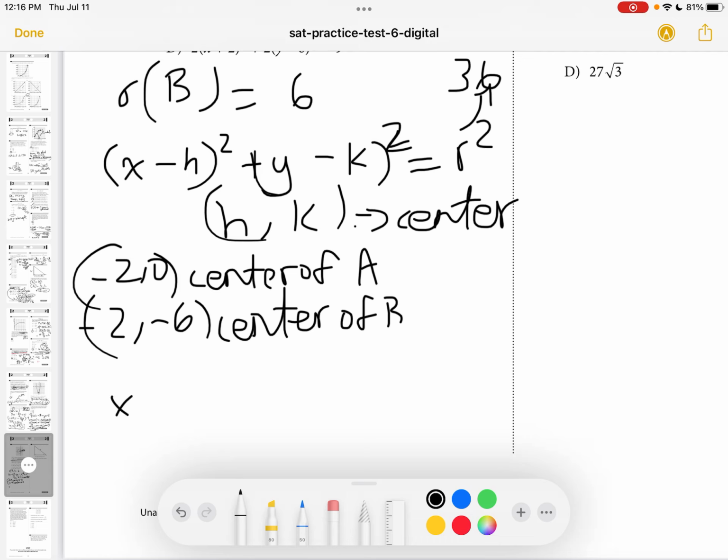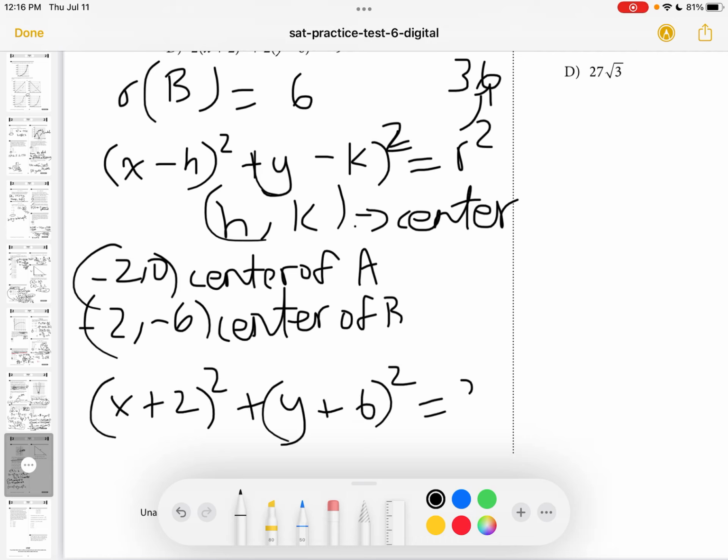When we plug h and k into our equation, we get (x + 2)² + (y + 6)² = 36.